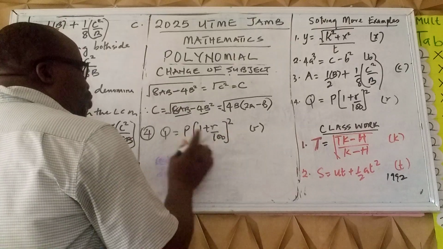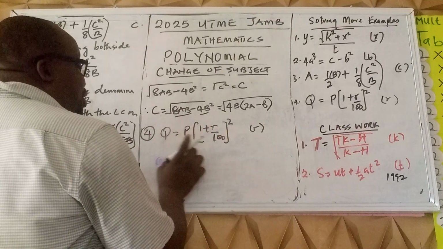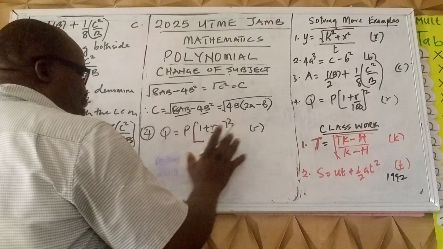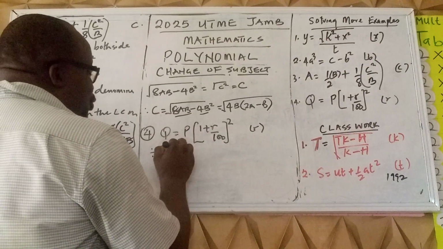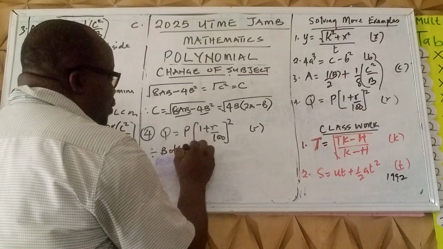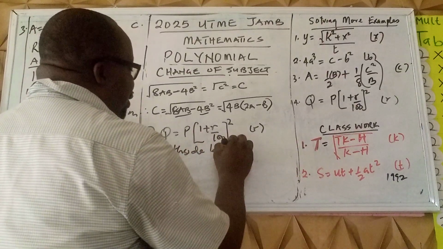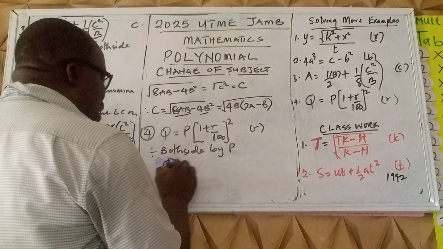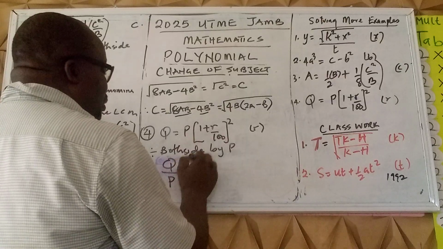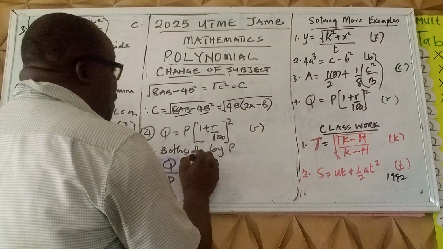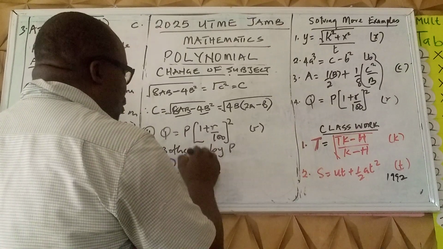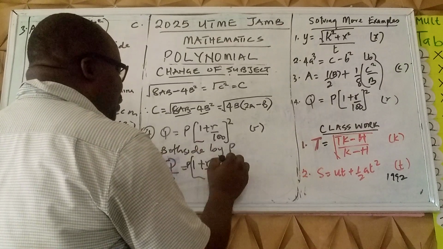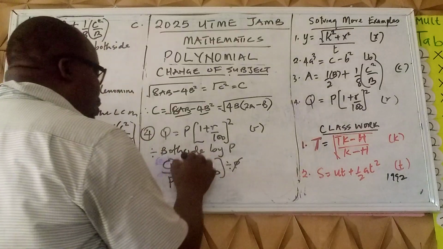R is on this side, so let me divide both sides by P so that I will have my unknown standing on its own. So I have Q divided by P and 1 plus R over 100 open bracket, P divided by P. This cancels out this.